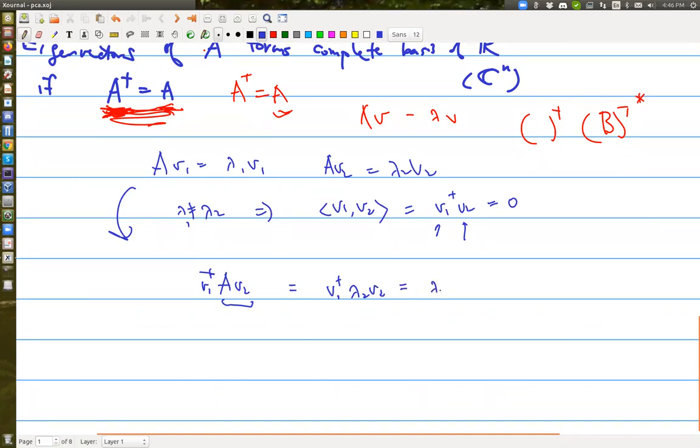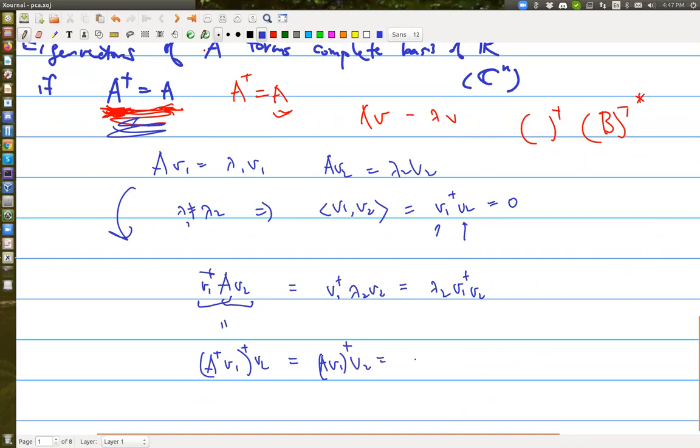So I can pull lambda 2 out. Here I have lambda 2 V1 Hermitian V2. Or I can consider multiplying on this side. This will be A Hermitian V1 Hermitian V2, but A Hermitian is equal to itself, right, again. So therefore it's equal to (A V1) Hermitian V2.